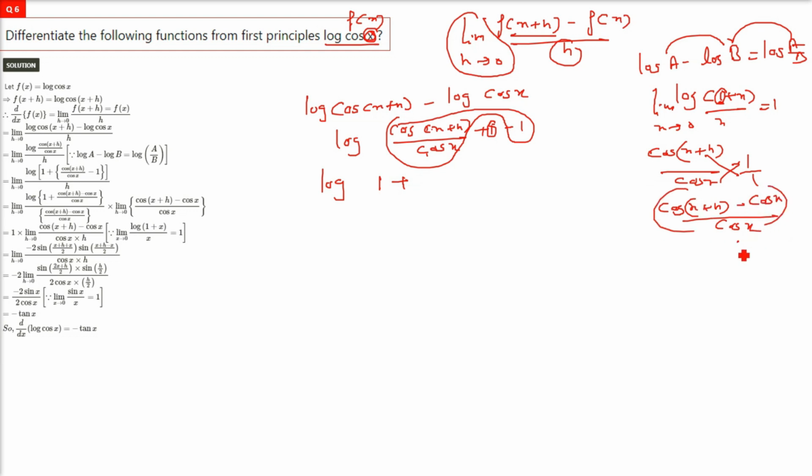Now writing this will take some time, so I just use a symbol y in place of all this content. So log(1 plus y). But still you need a y in the denominator. If you are introducing a y in the denominator, you also have to have a y in the numerator, because you are introducing it by yourself. Now log(1 plus y) by y, when y tends to 0, you don't have to do it like this.